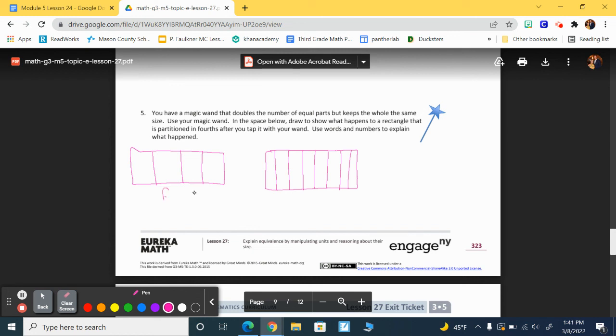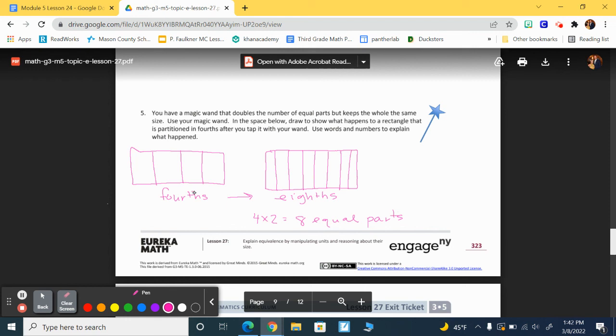So we can see here that this one is split into fourths, and this one next to it is doubled, and it is split into eighths. So we started with fourths, and to double fourths, I have to multiply by 2. So 4 times 2, because double means to times 2, is actually 8. So it's 8 equal parts is what we had to come up with and to draw, which is eighths.